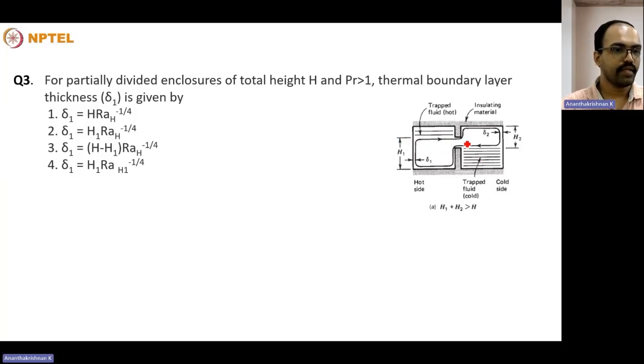So that doesn't participate in the natural convection. So the natural convection circulation will be taking this route, and the boundary layer thickness on the first wall will be δ1 and on the second wall will be δ2. We need to prove that δ1 is of the order of h1 Ra_H to the power minus 1/4, with respect to the total height. So we actually need to check which out of these 4 is right.